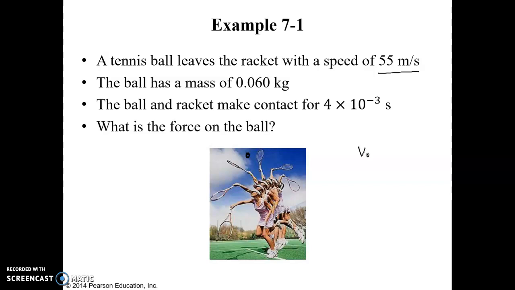So we can say that the initial velocity is 0 and the final velocity is 55 meters per second. So the change in velocity, we went from 0 to 55. So that's 55 meters per second change. The ball has a mass of 0.06 kilograms, and the amount of time in which the two are in contact with each other is a very small amount of time, 4 times 10 to the negative third second. We want to know what is the force on that ball.